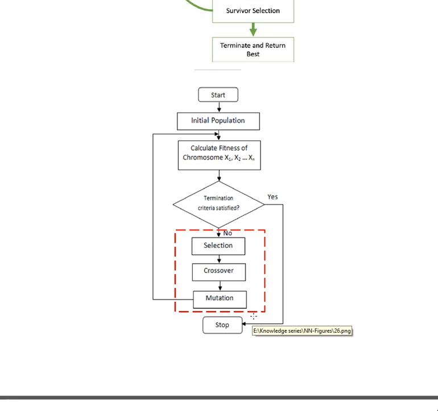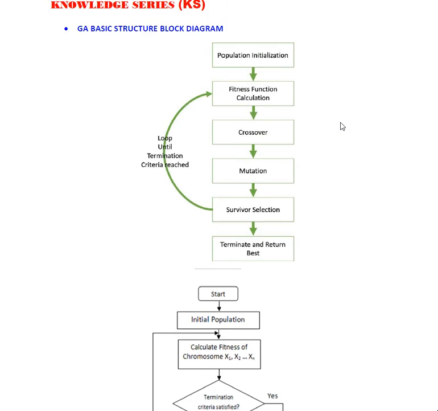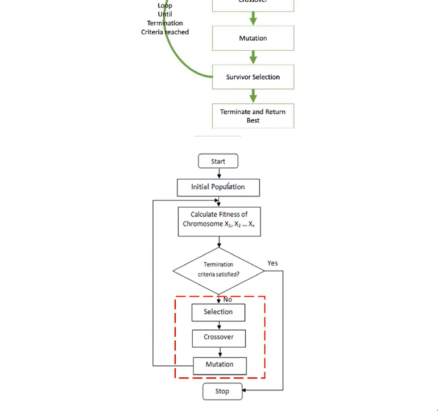If you can see this block diagram for a while. Now here, if you see, it is exactly the same thing. Start, initialize population, and from there we calculate the fitness. Fitness of what? In this population, several chromosomes are there, X1, X2 up to XN.